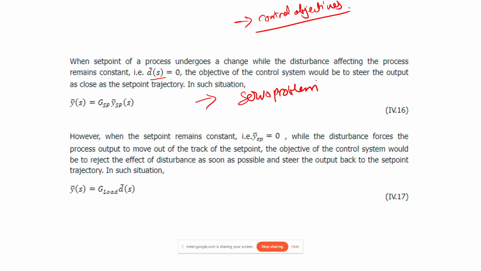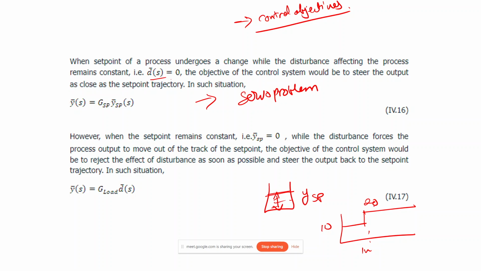What do we do in this kind of study? Let's say I have a tank and its set point is YSP. The set point is the level that needs to be maintained in this tank. Now I provide it the trajectory that initially the set point should be 10, and after 1 hour the set point should be increased to, let's say, 20.